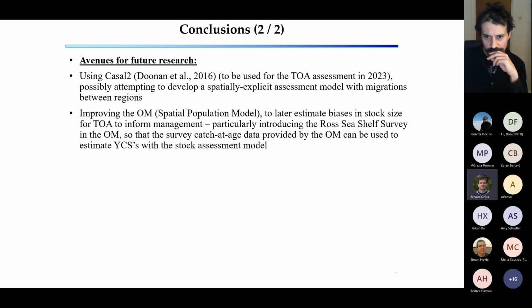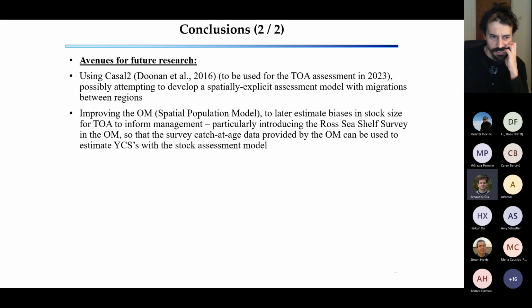Also, a potential avenue for future research would be to improve the current spatial population model for Antarctic toothfish and later estimate biases in stock size for Antarctic toothfish to inform management within the CCAMLR space. And regarding the improvements that would be introduced in the operating model, what would be particularly valuable would be to represent the Ross Sea shelf survey in the operating model.